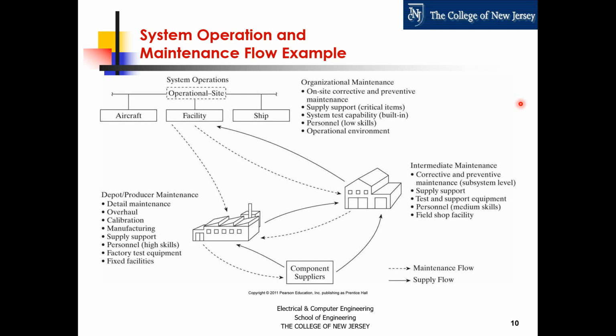And this system, we already understand at this point the operational environment. So this is a system that can be deployed at some ground facility. It can also be deployed in a ship, or it can be deployed in an aircraft.